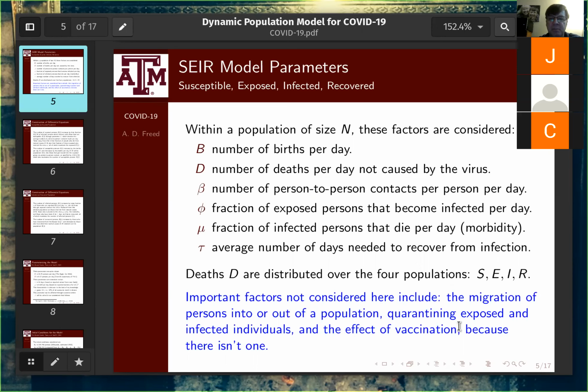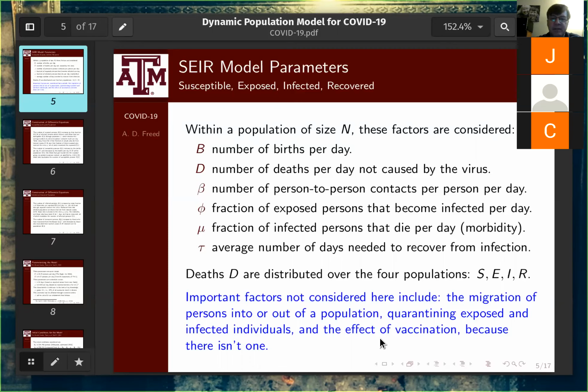There's nothing in the model that addresses quarantining of exposed or infected. So the model, if you implement measures, will change the future predictions, and none of that is implemented in the model. The model is designed to give just, if you basically left everything alone as it is on day 1, how will it advance through time?